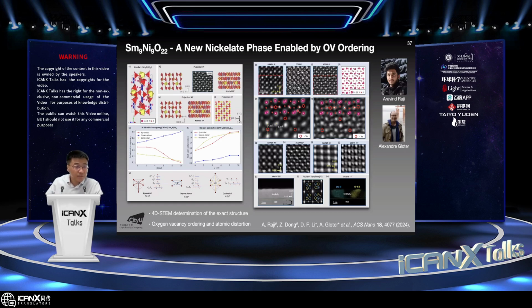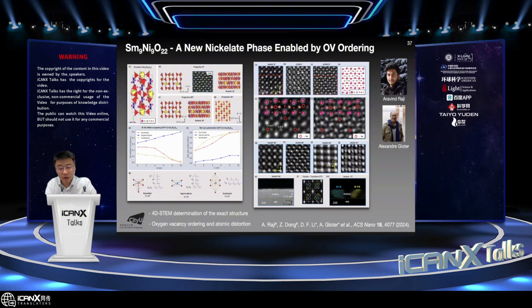We found out that these materials consist of nickel sitting in different lattice environments. Okay, so within this single material, we see that nickel can be in a square planar configuration, as well as pyramidal, as well as octahedral lattice environments. Okay, so we believe this new phase could be a very interesting example system where you can study the nickel coordination as well as the electronic structures and behaviors within a single material system.